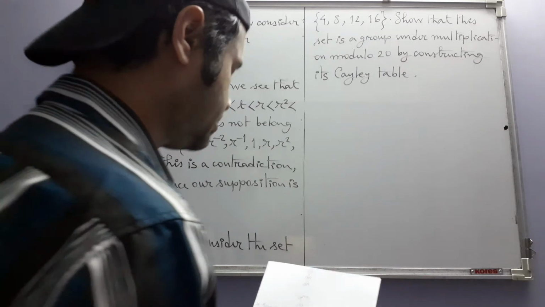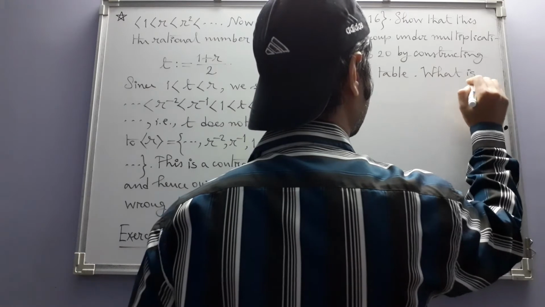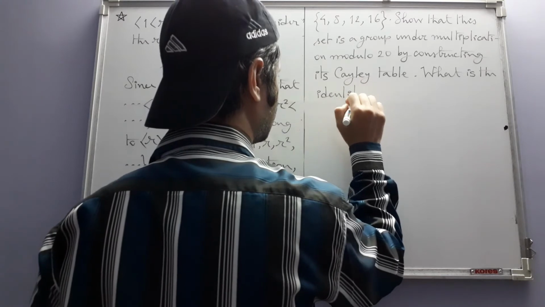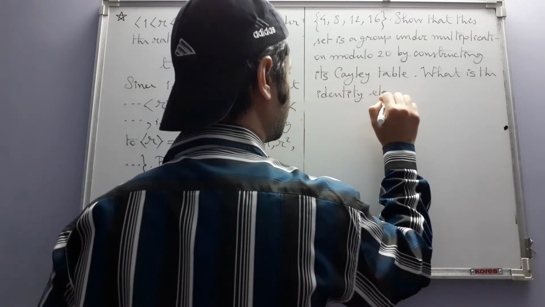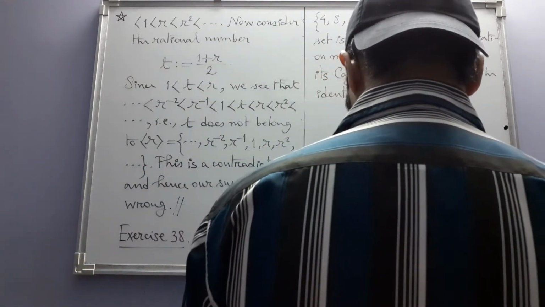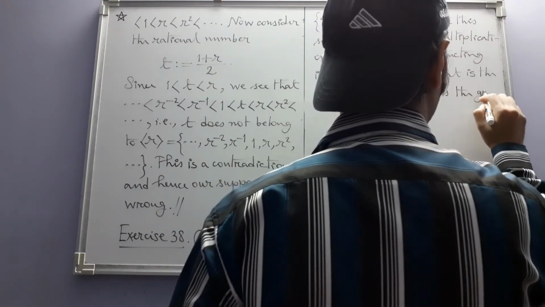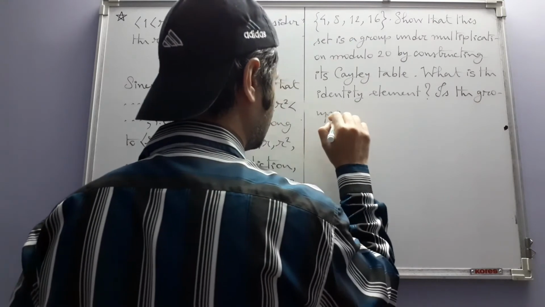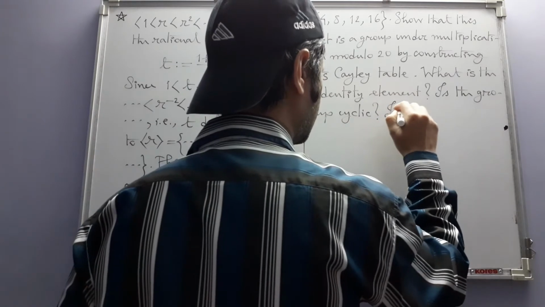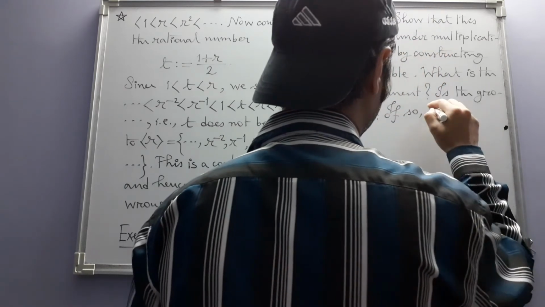What is the identity element? Is the group cyclic? And one more thing, if so, find all its generators.